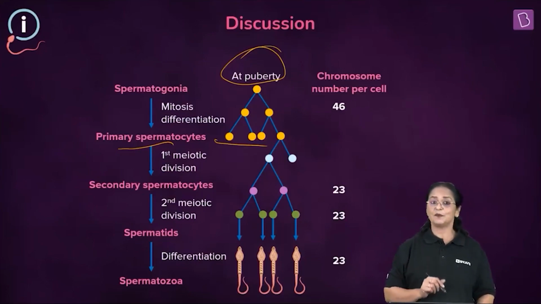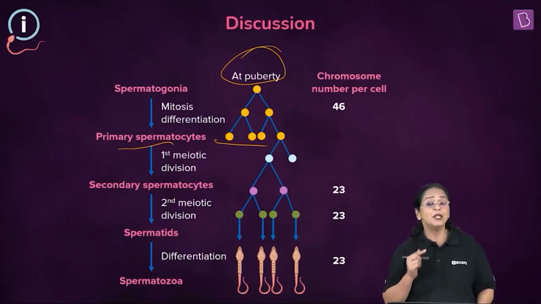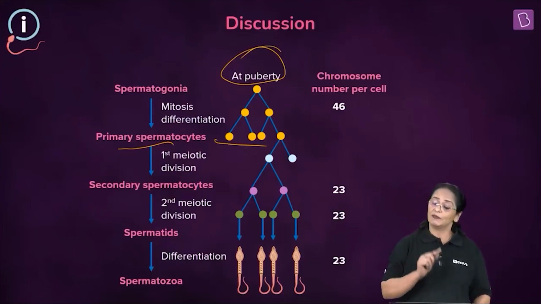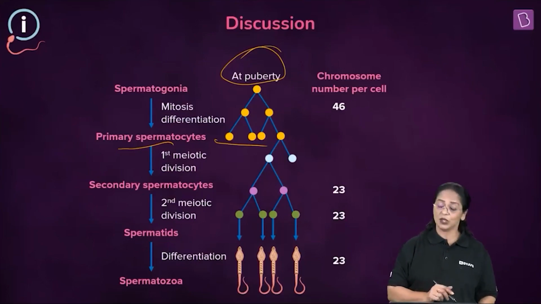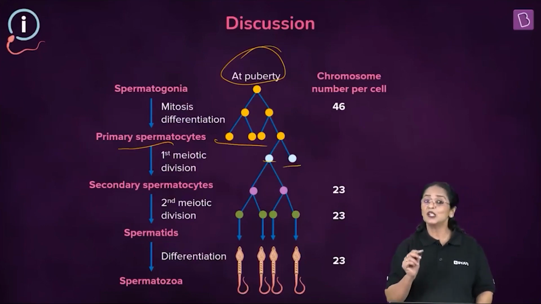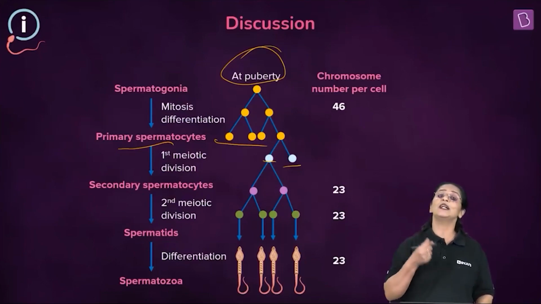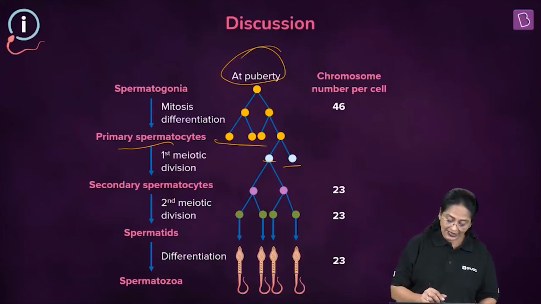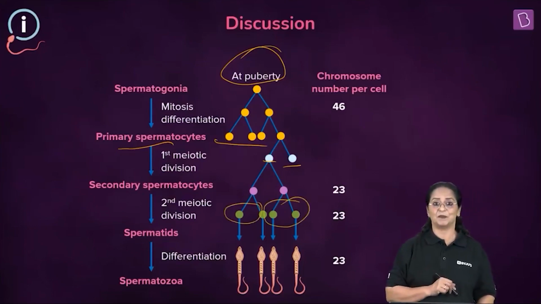These primary spermatocytes enter meiosis 1 and give rise to two secondary spermatocytes. Each secondary spermatocyte will now enter meiosis 2, and each of them will give rise to two spermatids.